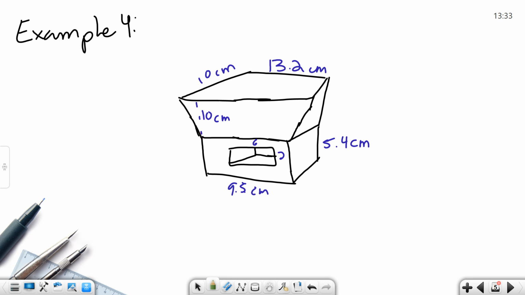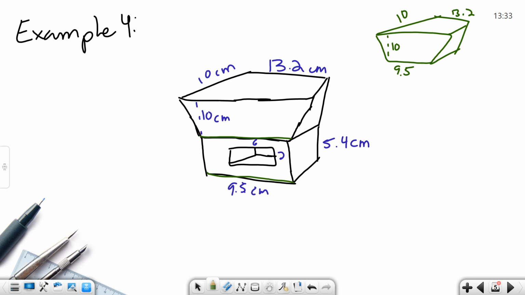Remember, we're going to break this into each of its parts. We'll start with the trapezoid first. 10, 13.2. I did not draw this to scale. 10, and this would be 9.5.